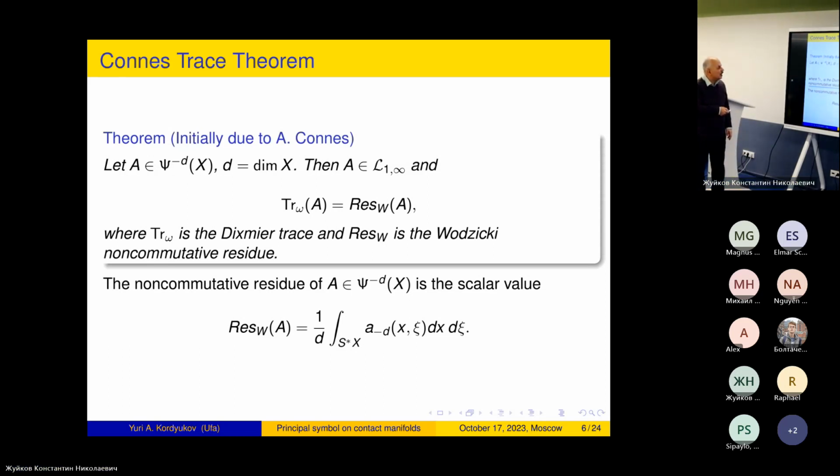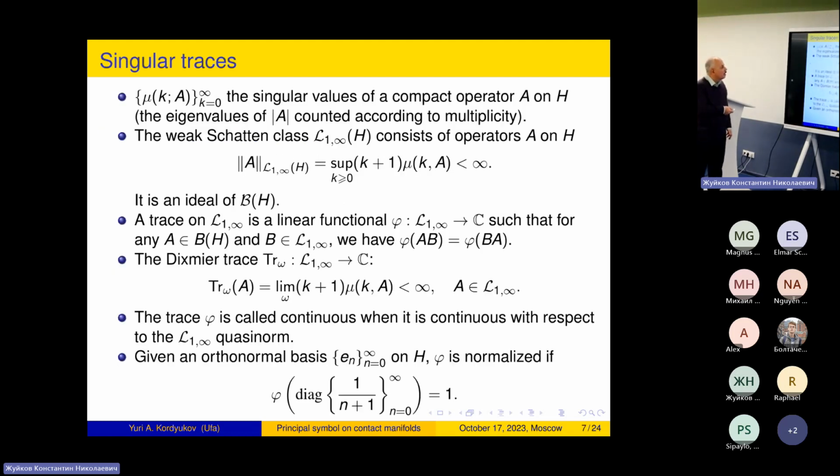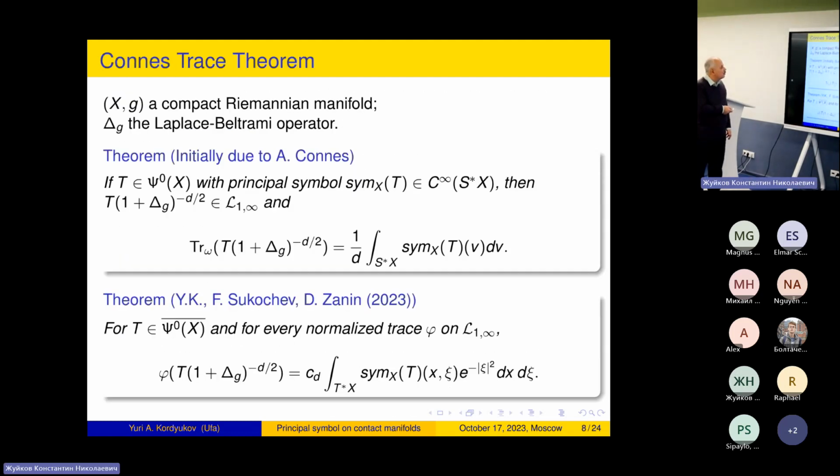This is already not due to Connes, and it has a long history. Okay, and one of the examples: instead of any pseudo-differential operator of order minus d, we can fix a Riemannian metric, take the Laplace-Beltrami operator, and consider any operator, and multiply this operator by the appropriate power of this Laplacian.